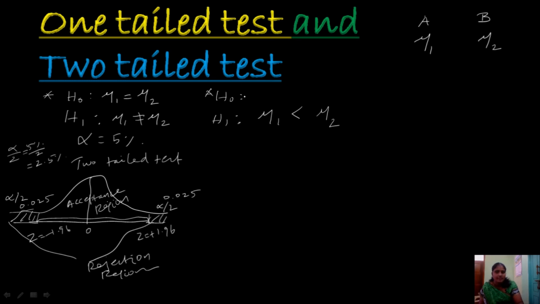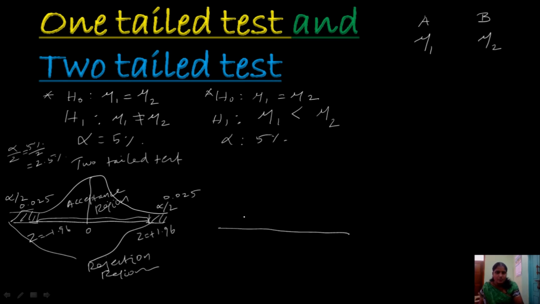There is no change in my null hypothesis, that is mu1 is equal to mu2, whereas my alternative hypothesis here is mu1 less than mu2. Here I have to say this is a left-tailed test. This gives us a one-tailed test. Here I take the level of significance alpha as 5%.